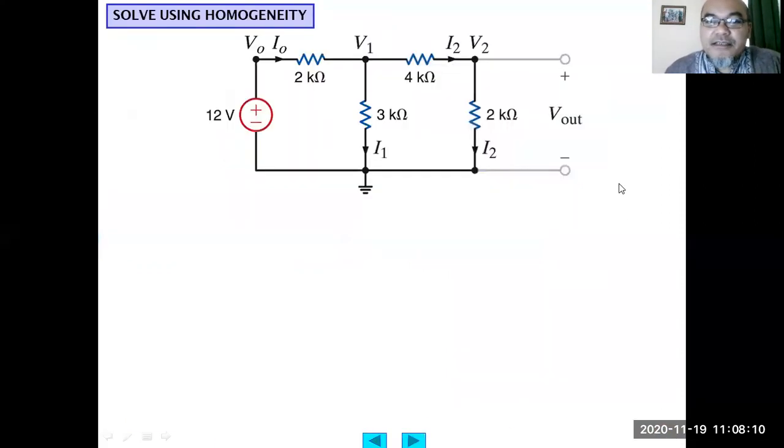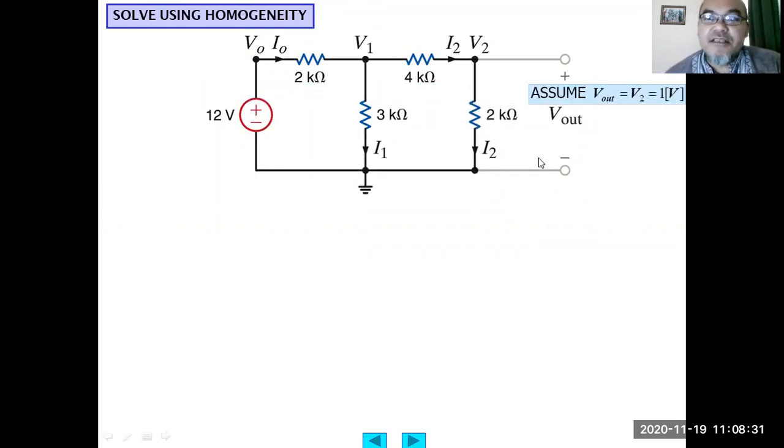Okay, let's give an example. The circuit is given with two meshes and a 12 volt independent voltage source at the left. The question is to calculate V output at this 2 kilo ohm resistor.